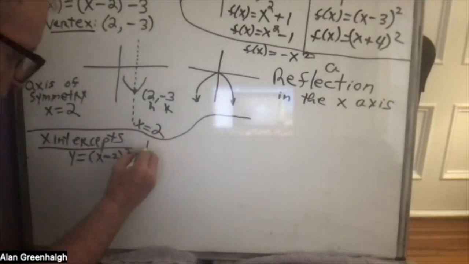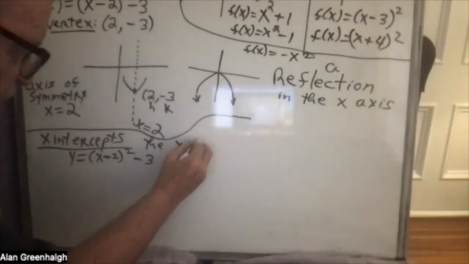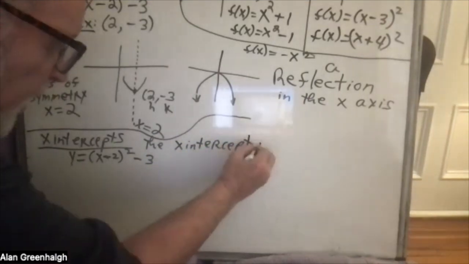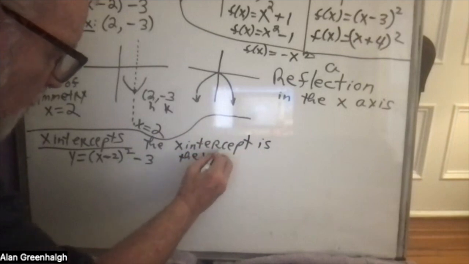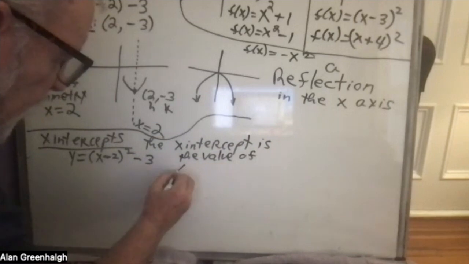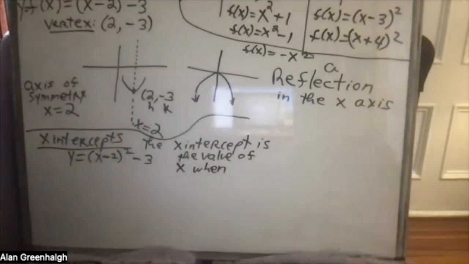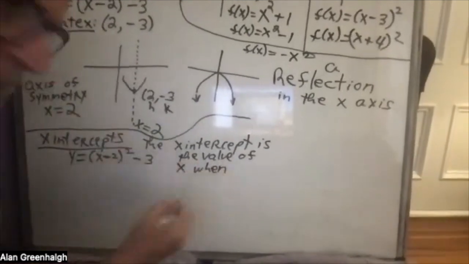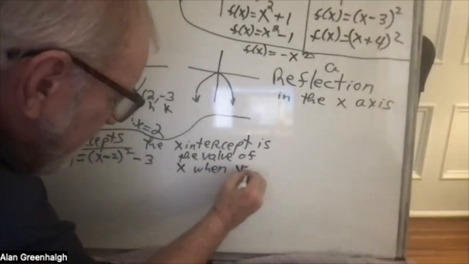In other words, I need somebody to say the x-intercept is the value of x when something happens. What needs to happen? When y is 0. Who said it? Allison. Very good, Allison.